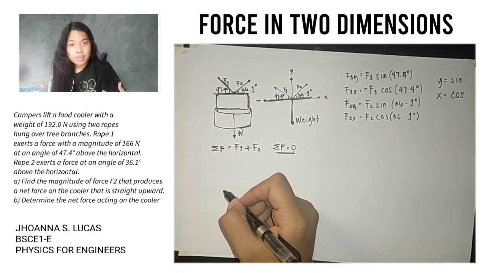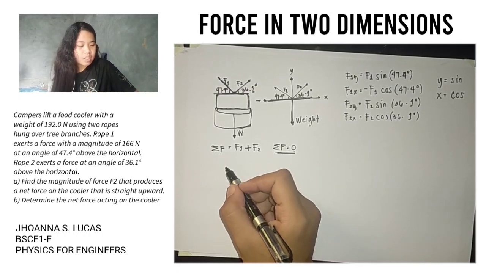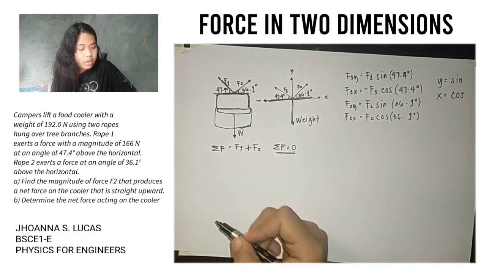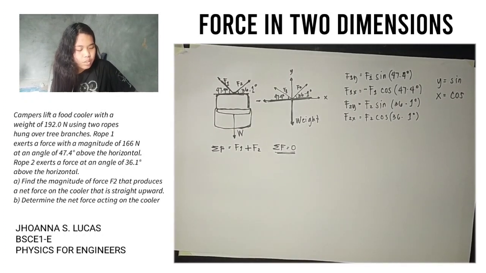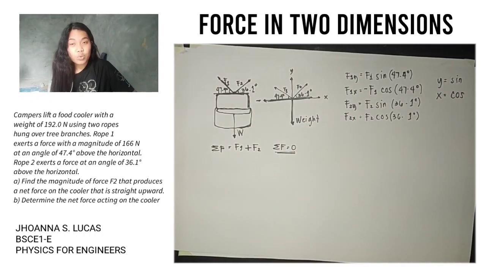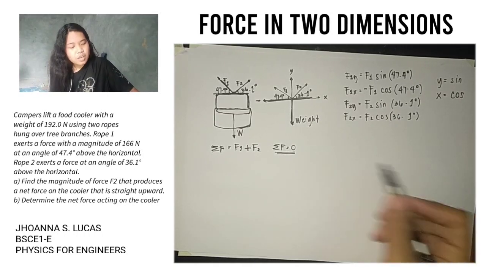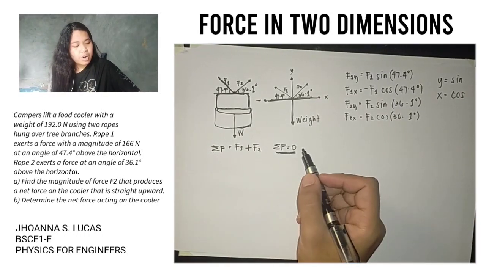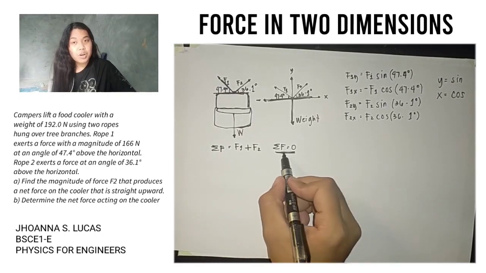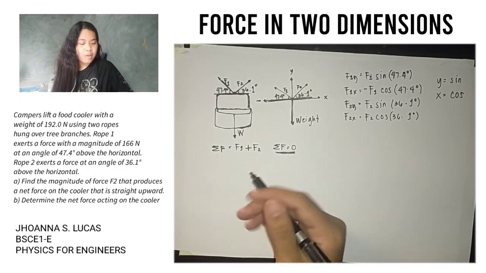Our formula will be summation of F is equal to F sub 1 plus F sub 2, since we just have two forces here. So summation of F is equal to 0, and this is also our given for this question.